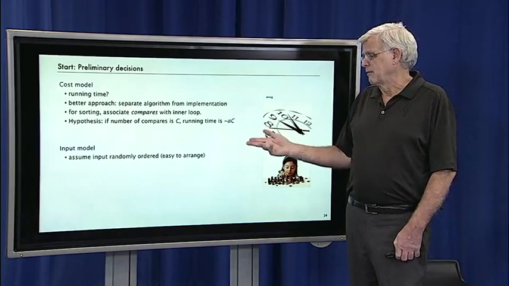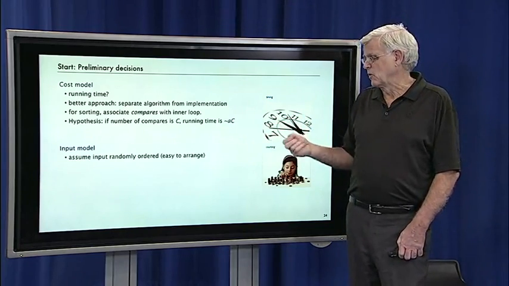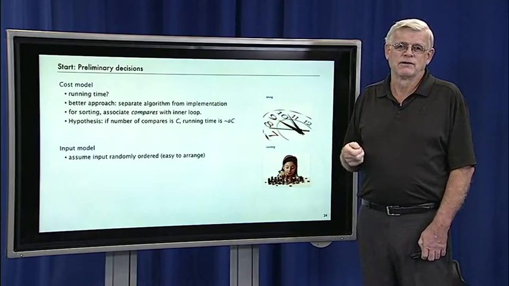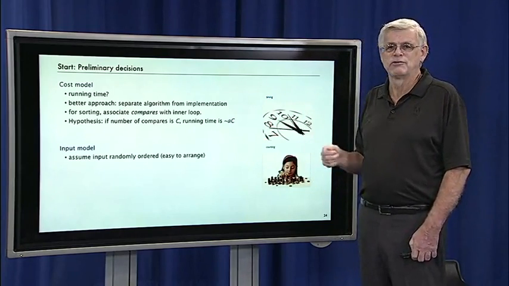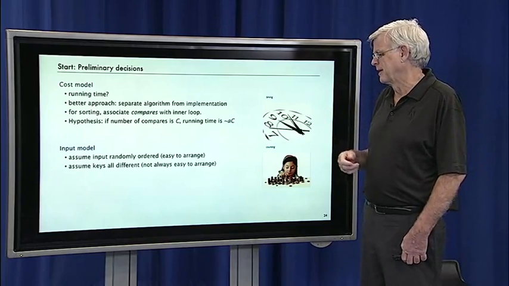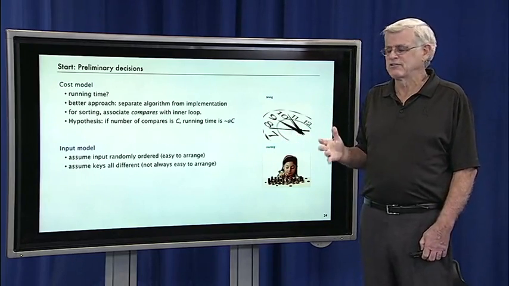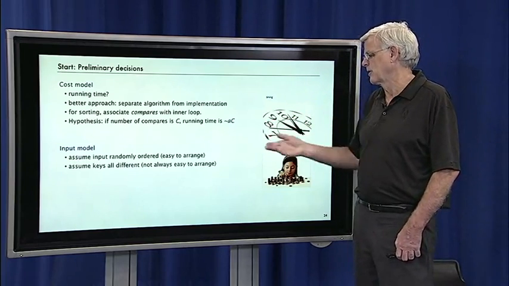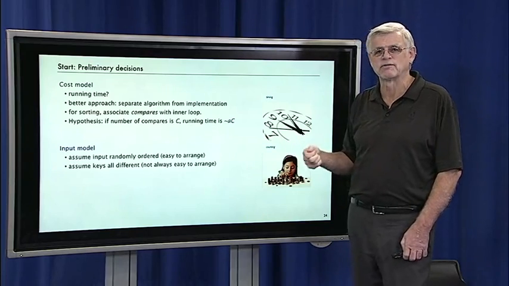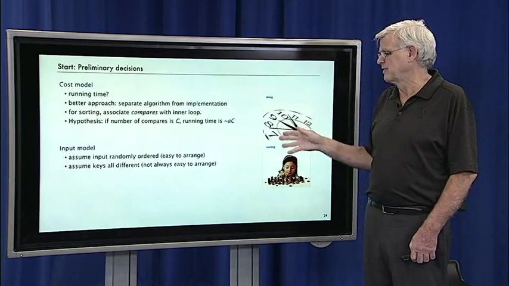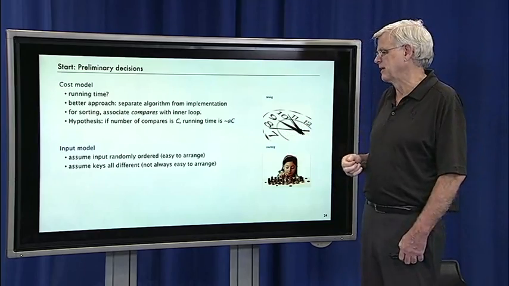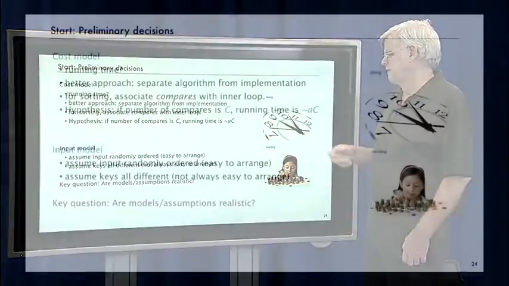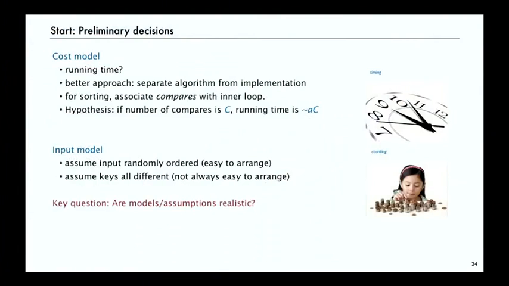For the input model, we're going to assume the input to be randomly ordered. As I mentioned, in the case of sorting algorithms, that's pretty easy to arrange. We just randomly order them. Also, just to make the math simpler, in this first cut, we're going to assume the keys are all different. That's not always so easy to arrange, and I'll have more to say about that a little later. So a key question is, are these assumptions realistic?